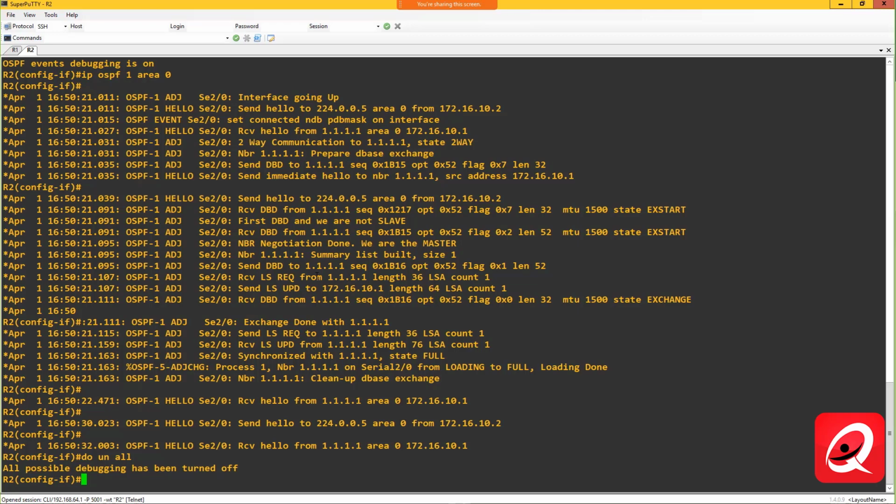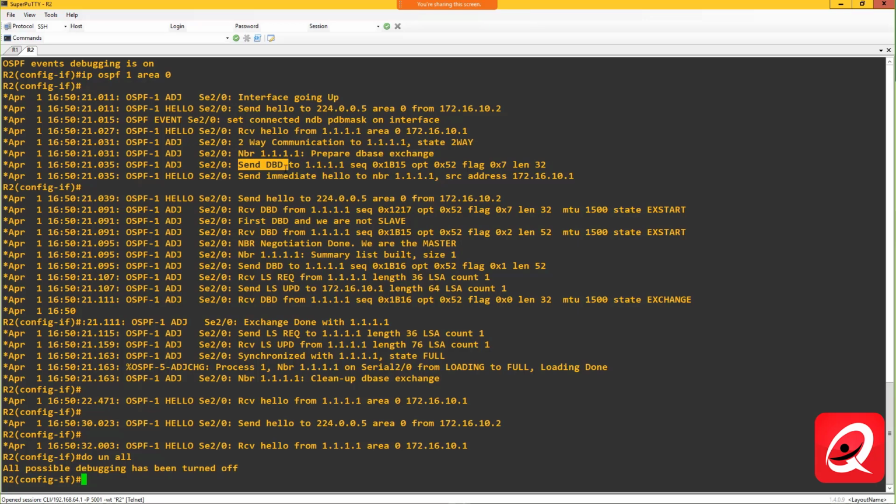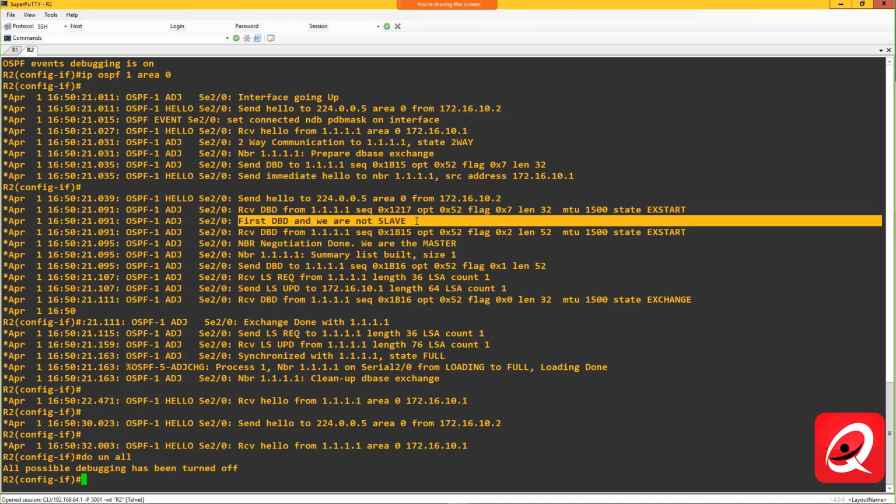We see a movement from the two-way state, which is obviously where the routers have decided that they can become peers, to sending our database descriptor packets, where we identify different flags and whatnot. We'll get into that maybe in another lesson in more detail. Then we receive the DBDs, doing a master-slave negotiation on the interface to decide who's going to lead the conversation in the synchronization process.